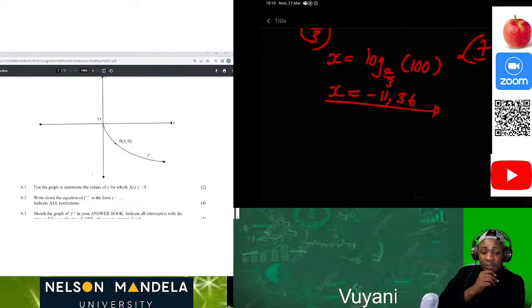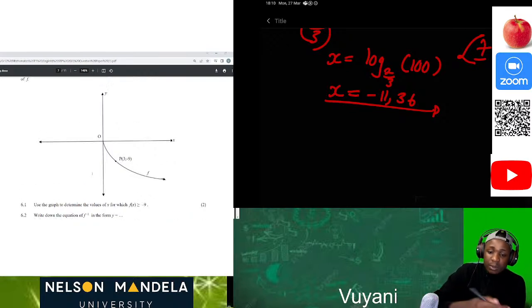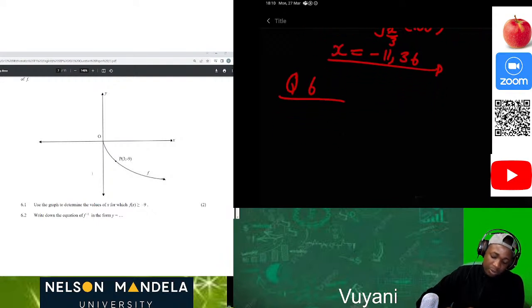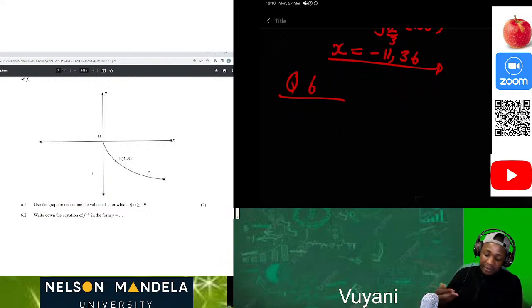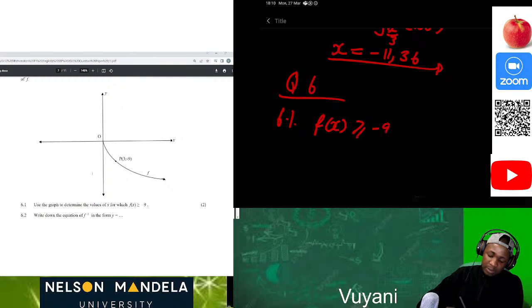Use the graph to determine the values of x for which f of x is greater or equal to negative 1. This is so easy guys, because you can solve it. So it's question 6. You can solve it, or you can just show it fast. So 6.1, use the graph, so we know that f of x should be greater or equal to negative 9.